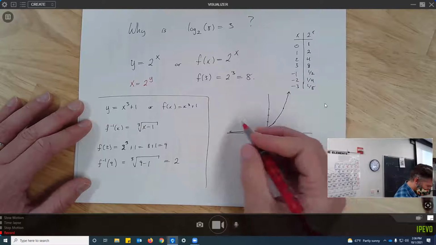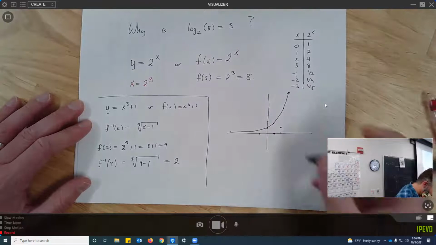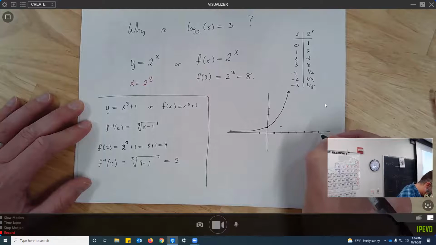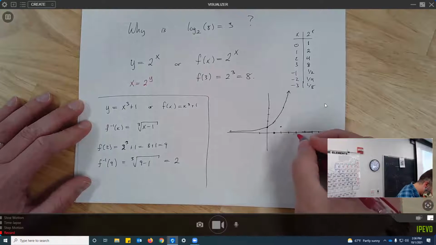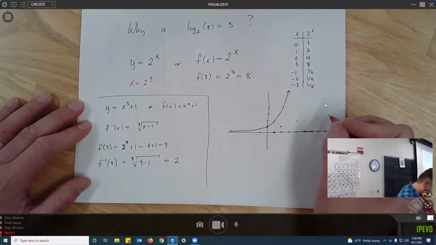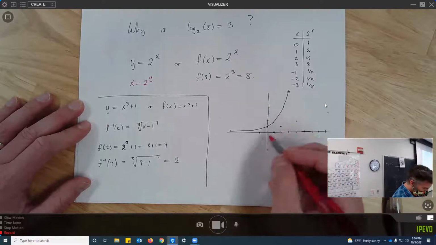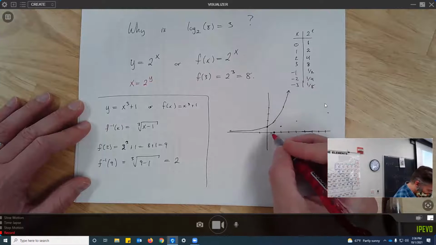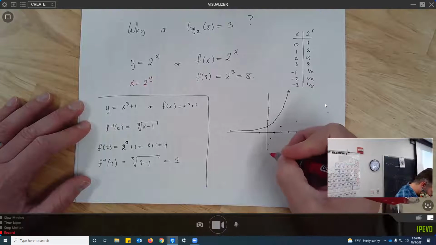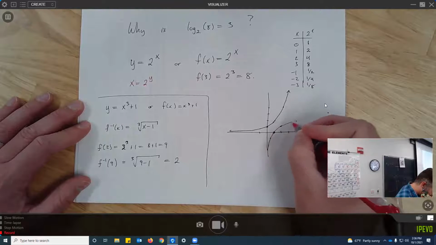Instead of getting 2, 4, I get 4, 2. Instead of getting 3, 8, I get 8, 3. And instead of getting -1, 1/2, I get 1/2, -1. And I get 1/4, -2. I get a vertical asymptote.